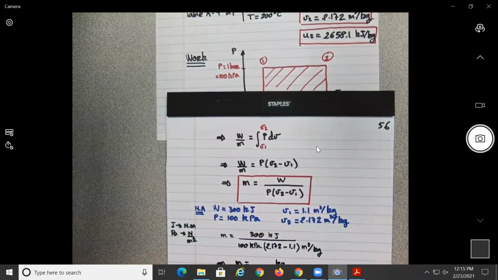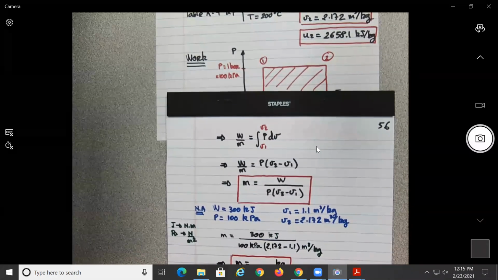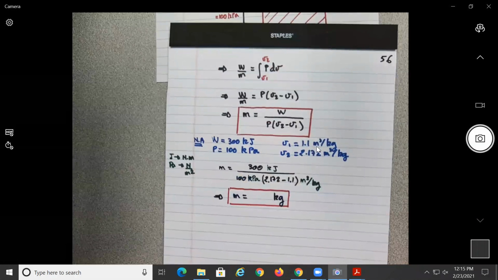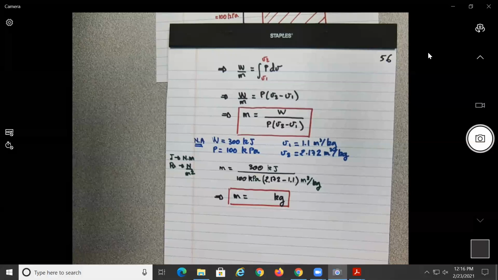So units are okay. All right, so we're going to get here 2.8 kilograms.